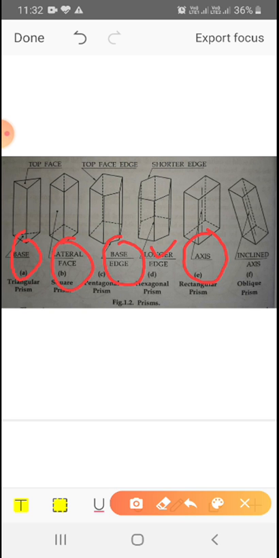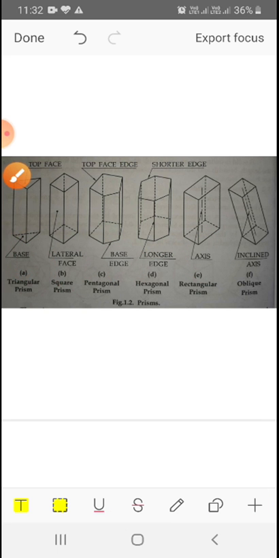It is because the shapes of the lateral faces are rectangular, so they are also known as rectangular faces. In prisms there are two important kinds: right prism and oblique prism. You can see the figure.